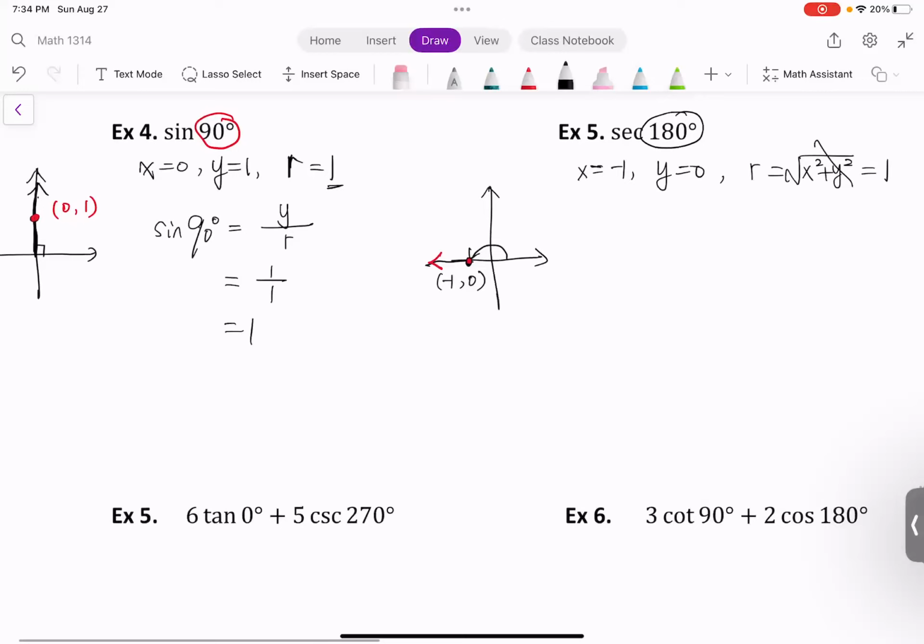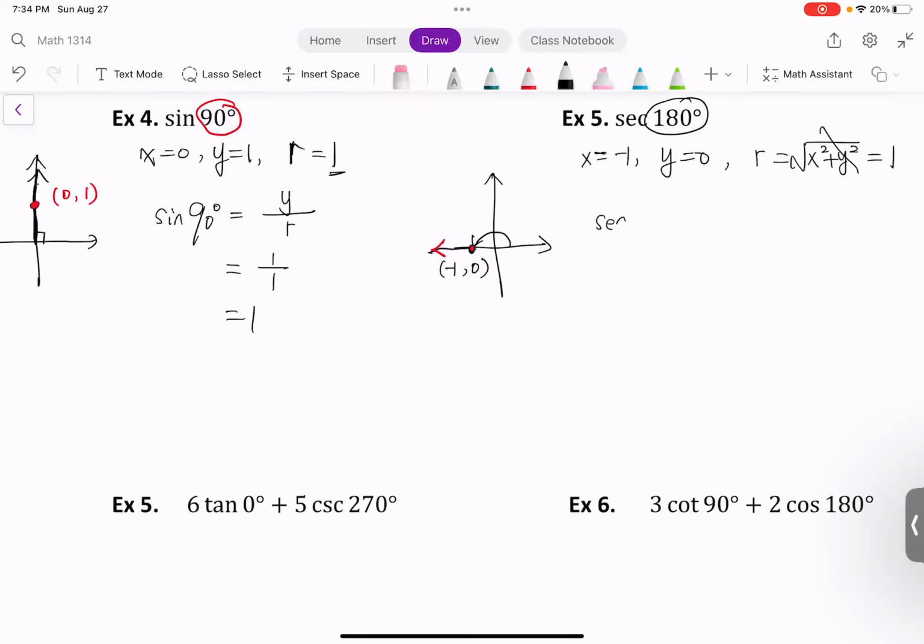All right, let's see what the secant is. Do you remember the formula of secant? What's the reciprocal of secant? That's cosine. Cosine and secant, they are reciprocals. So secant 180 degrees equals 1 over cosine 180 degrees.